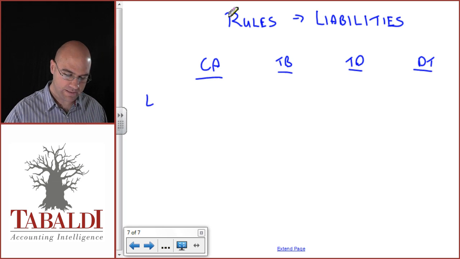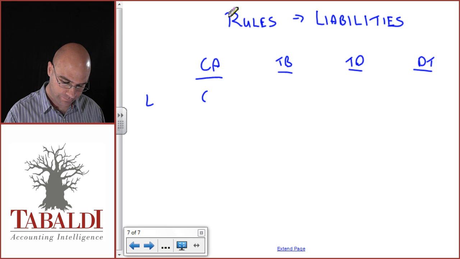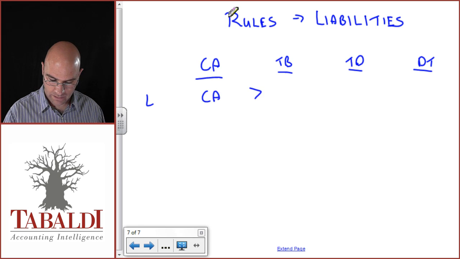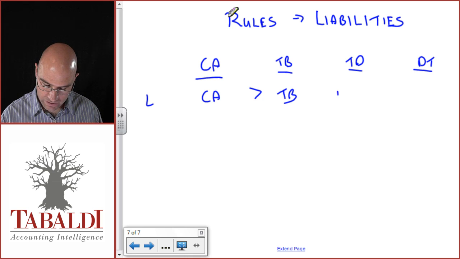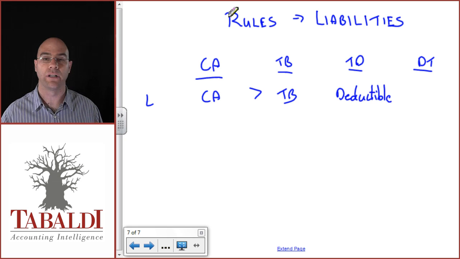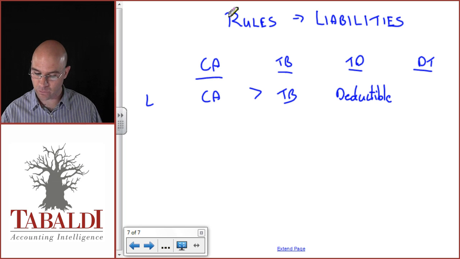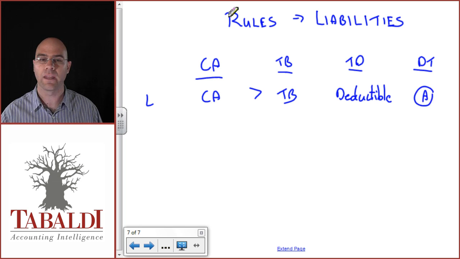So, for a liability where the carrying amount is bigger than the tax base, that means I'm going to have a future tax deduction, therefore a deductible temporary difference. A deductible temporary difference reduces taxable income in the future, reduces future tax payments. Therefore, it's a future benefit, which is a deferred tax asset.